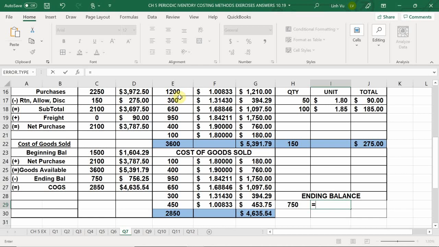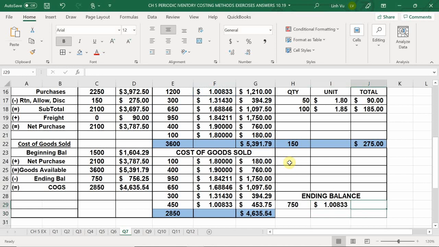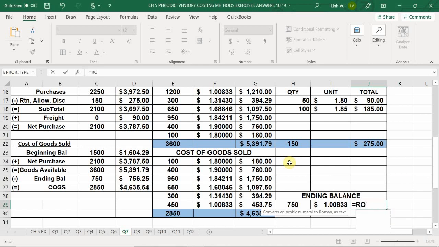So I'm pretty sure that my ending inventory is going to come from that 1,200 units. So therefore, it's going to cost me that $1.08.